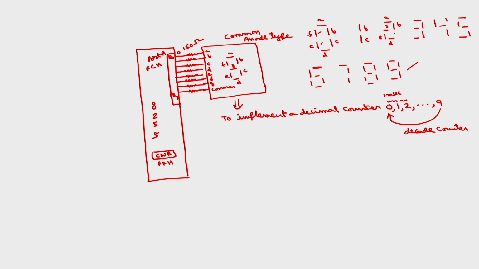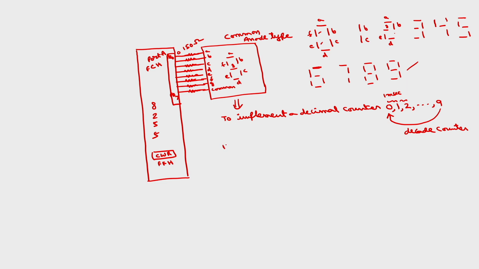Okay. Now, what are the codes corresponding to this? I will store them in a lookup table. So, if I want to display 0, what is the code that is required? What should be PA7, PA6, PA5, PA4, PA3, PA2, PA1, PA0 for the decimal digit, and then I will find out the corresponding code.